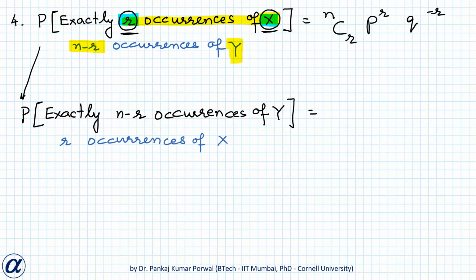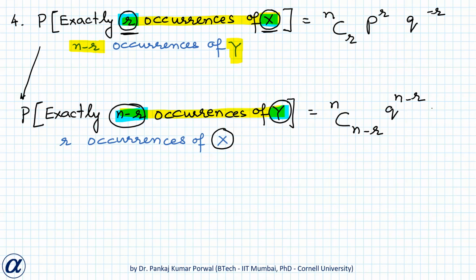So this probability in terms of the number of occurrences of y will be written as n, the total number of trials, C, the number of occurrences of y, that is n minus r, into the probability of occurrence of y, that is q, raised to the power n minus r, then the probability of occurrence of x, that is p, raised to the power r.